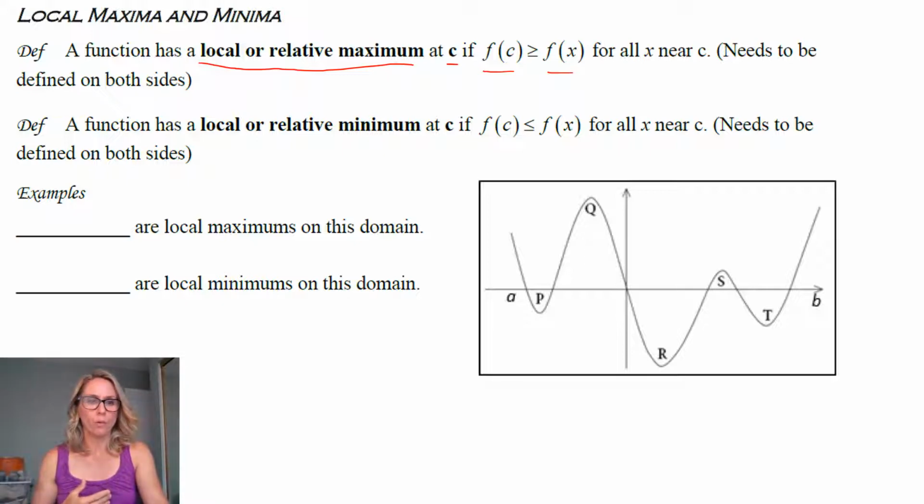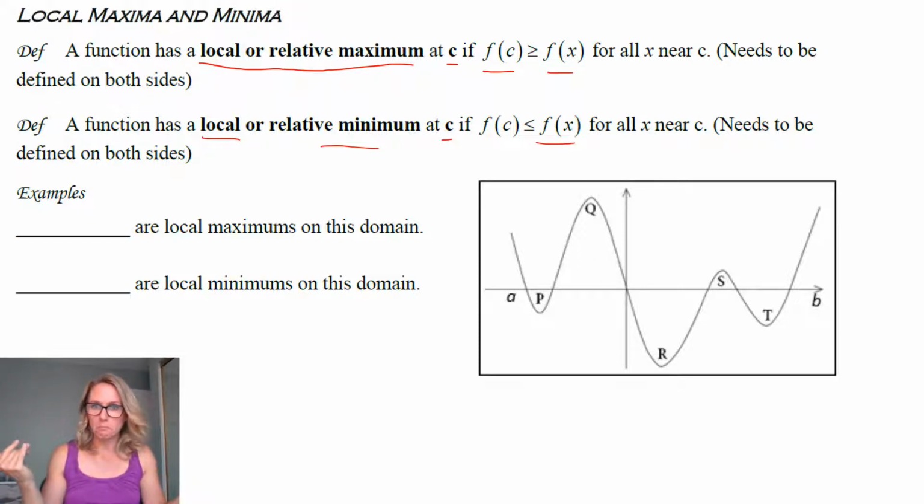Conversely, you would have a local or relative minimum at an x value, c, if that y value that comes from that x value, c, is lower. So all the y values around it are higher. So that's what this means here. It's saying the other y values are greater than or equal to f of c.